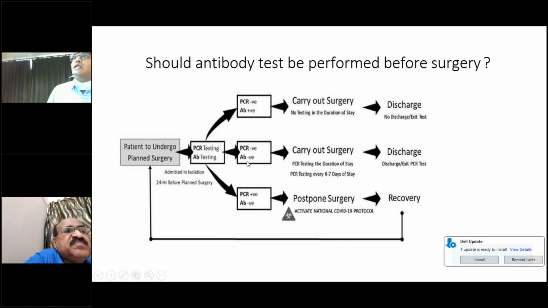But if PCR and antibody are both negative, we can carry out the surgery, but we have to go for PCR testing every 6 to 7 days, and we have to do the exit PCR test at the time of discharge. But if RT-PCR is positive and antibody test is negative, then we have to postpone the surgery.